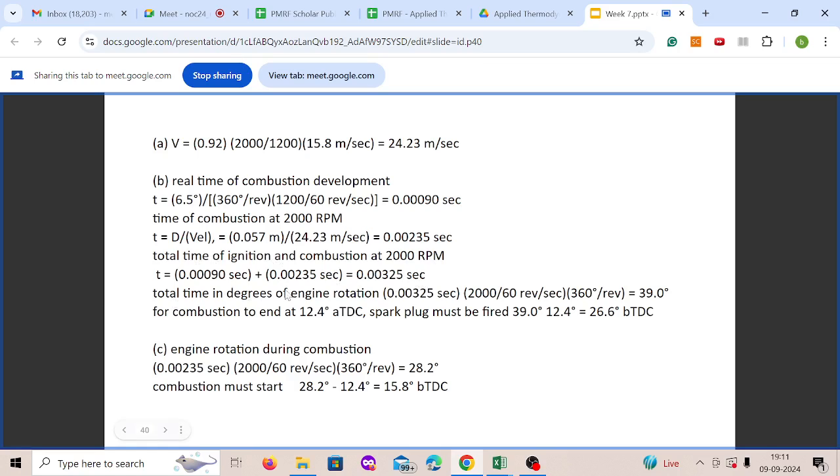The total time in degrees of engine rotation, substituting with the speed, will give 39 degrees. So for combustion to end at 12.4 after top dead center, the spark plug must be fired 26.6 degrees before top dead center.